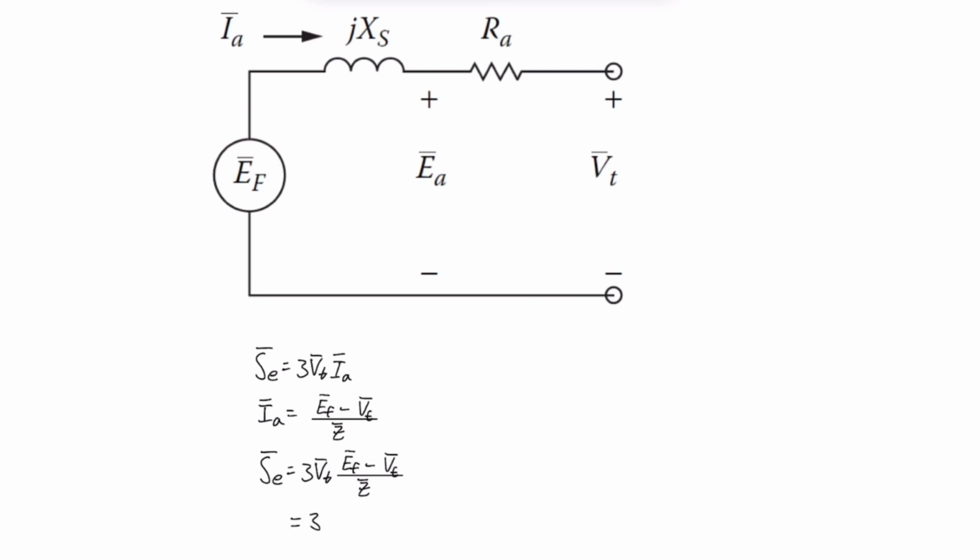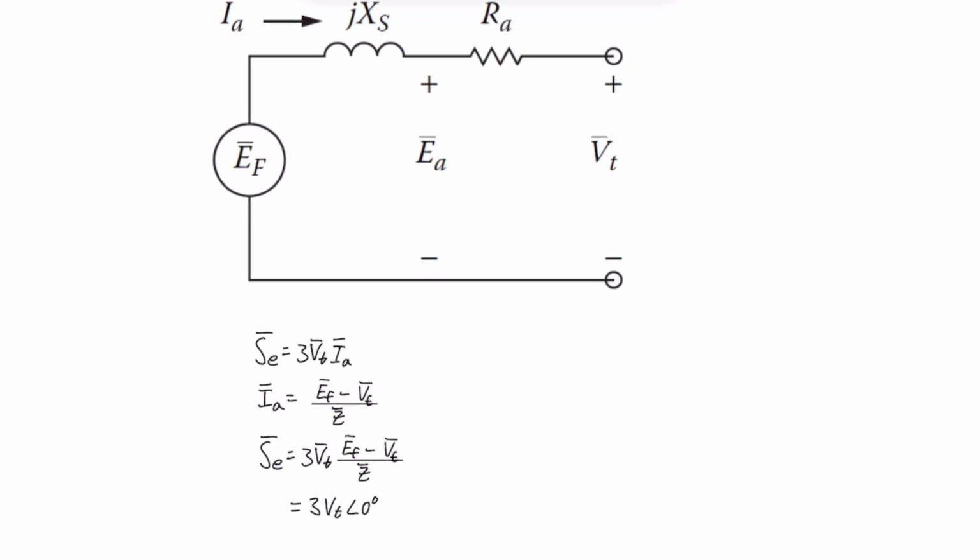The terminal voltage V is equal to its absolute value multiplied by the angle, which is 0 because the terminal voltage is real. Then we have the internal voltage here with the angle delta, and then minus V terminal. I just write V terminal for now. And then we can say that the impedance has an angle of theta.